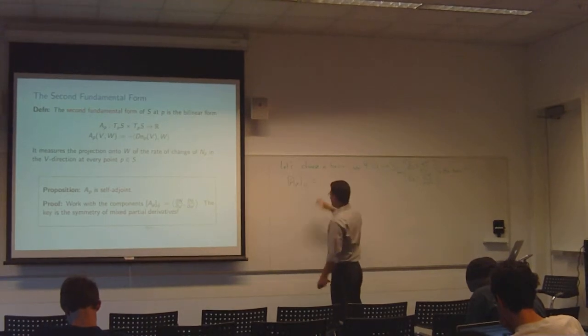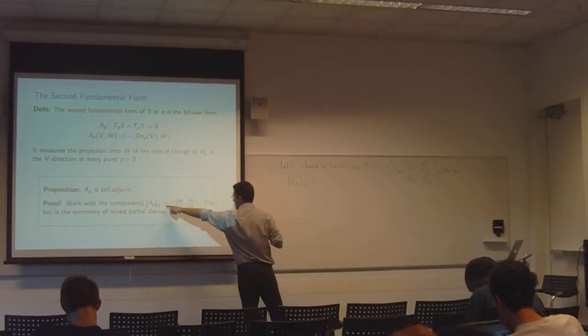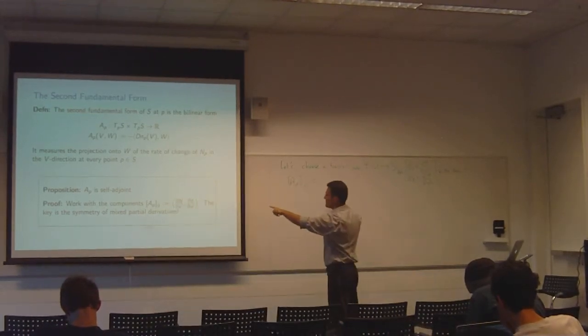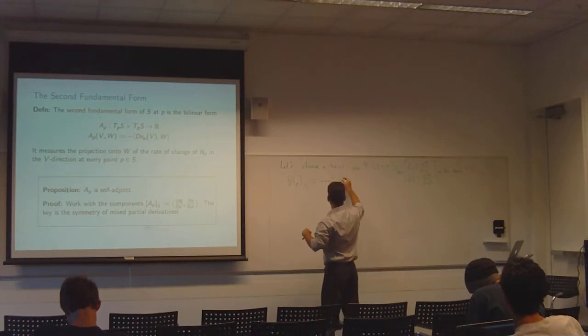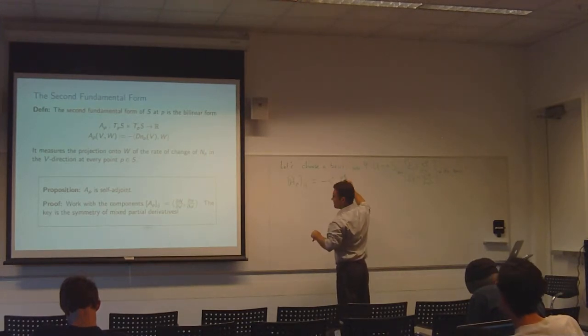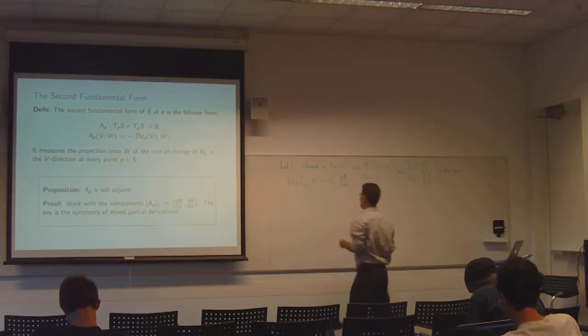So then the ij component of the second fundamental form is just, I think I forgot the minus sign, but anyway, minus dN/dui against dφ/duj.